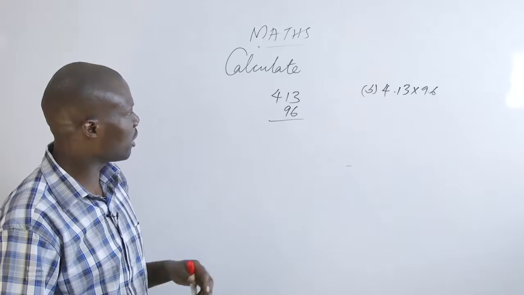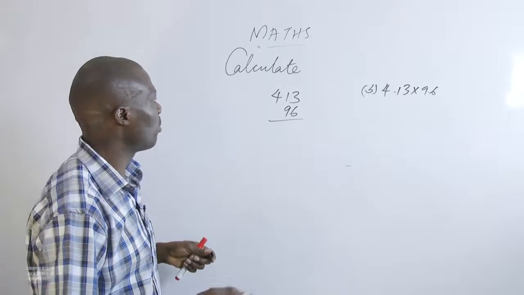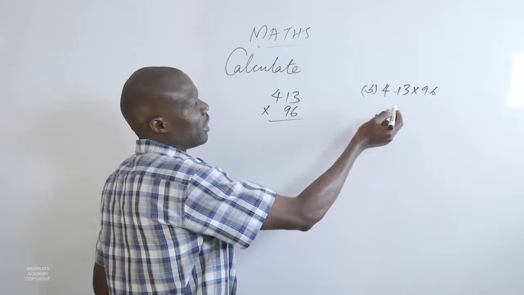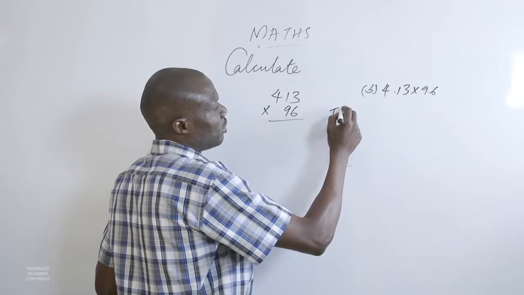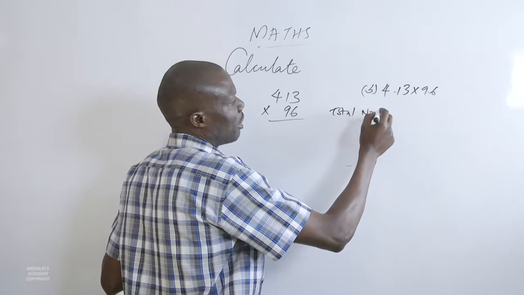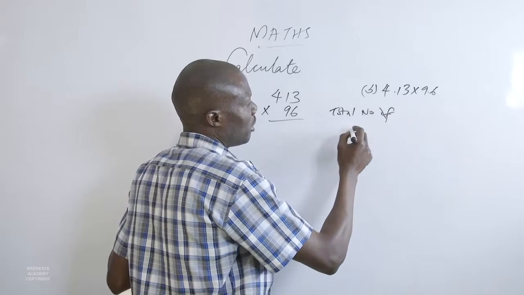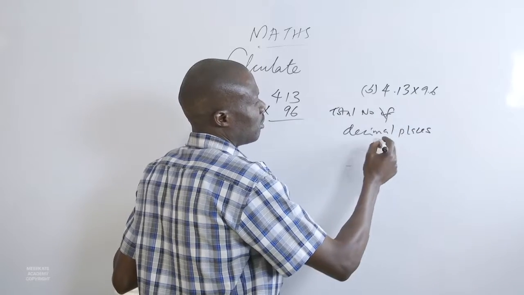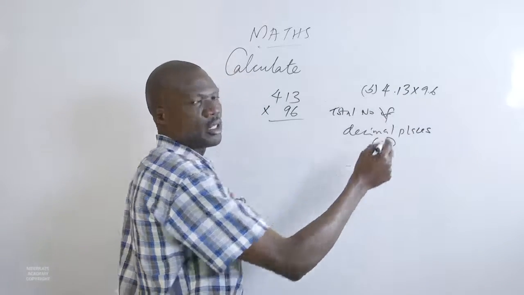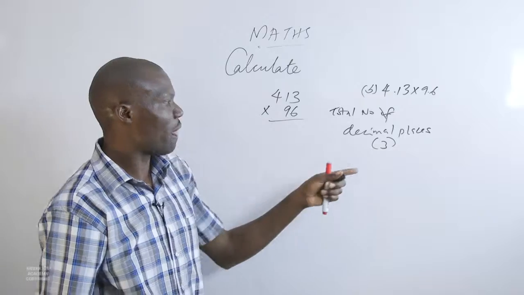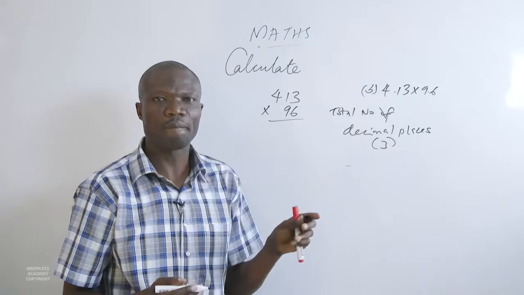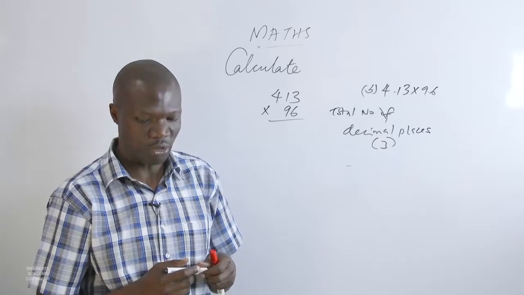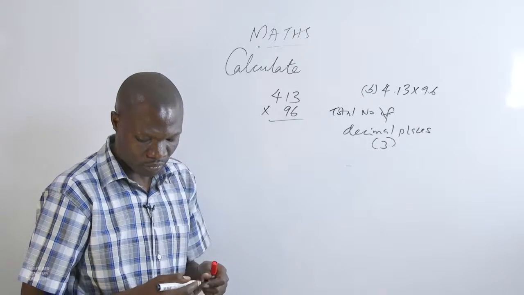Now, for this particular case, we can multiply this and then put in mind that the total number of decimal places in this case is 3. So when we finish our multiplication, we should get what? We should count the 3 decimal places.